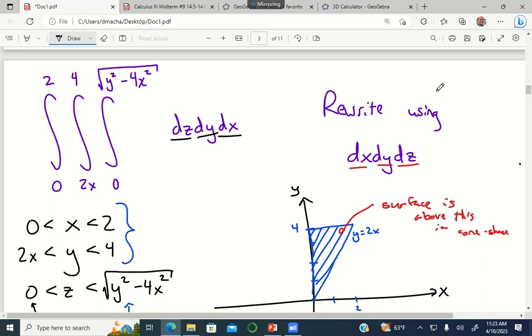So the first variable, or the inside integral, can be a function of everything after it. That's how it works. So whenever I rewrite using this, my bounds on x can be a function of y and z, my bounds on y can only be a function of z, and my bounds on z can only be constant.